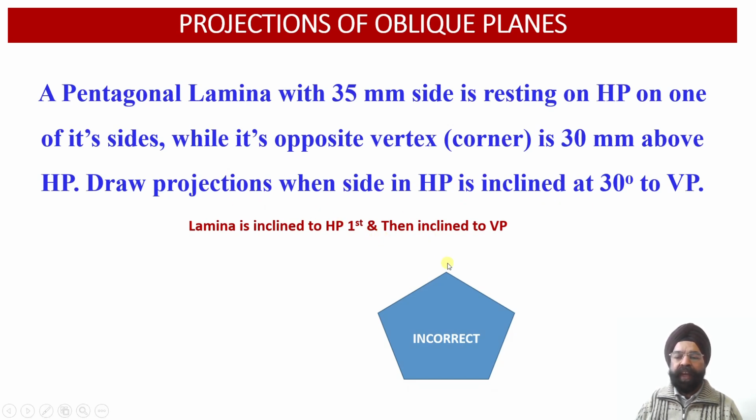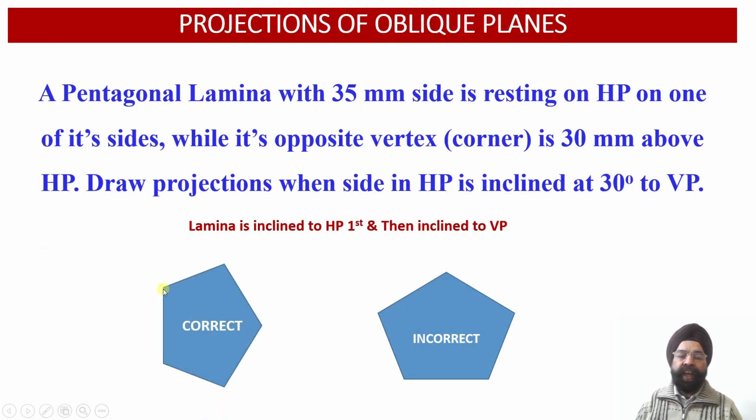If we locate the lamina in this orientation, then when we incline it with respect to the horizontal plane, either in this way or in this orientation, it is going to rest on one of its corners onto the ground, either this corner or this corner. So no way will it be resting on one of its sides onto the horizontal plane. So this orientation is inappropriate or incorrect.